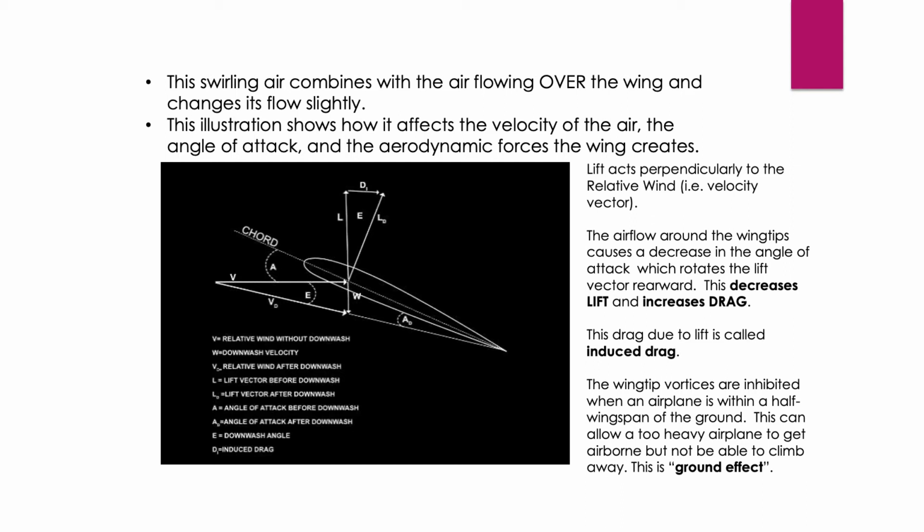And it causes a decrease in the angle of attack, and the angle of attack is the angle between the relative wind, which is essentially the air hitting the wing, and the line called the chord line, which goes from the leading edge to the trailing edge. All the forces on this little drawing, you see them all come together on the wing, on that chord line. That's at the aerodynamic center I mentioned. So it reduces the angle of attack.